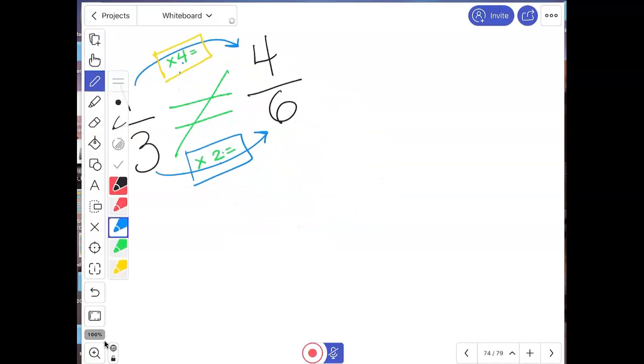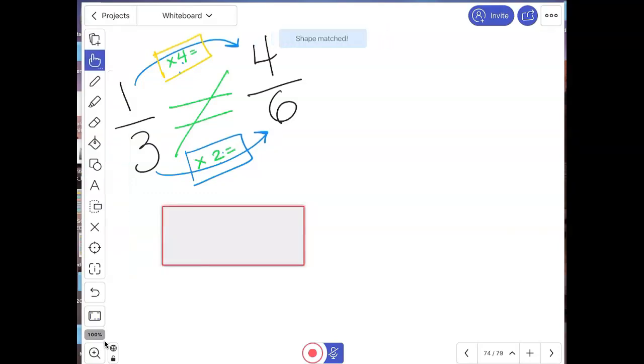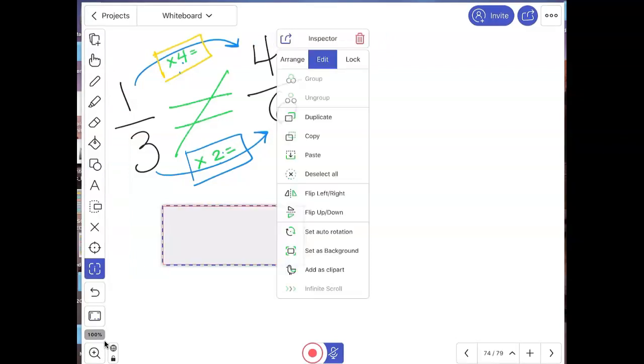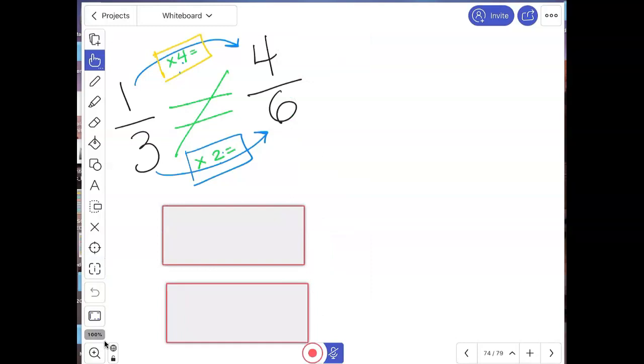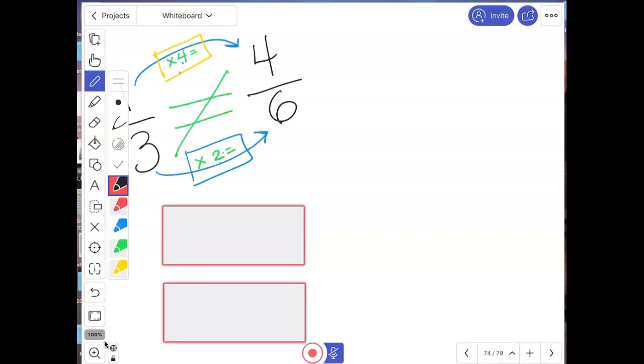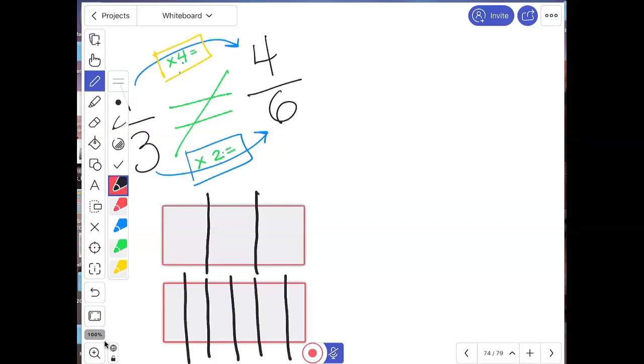I can prove it. Watch. If I draw a rectangle, and I duplicate it so that it's exactly the same, and I know it's exactly the same, and I cut the first one into thirds, and the second one into sixths, and shade them to match, if I have 1/3, is that the same thing as 4/6?